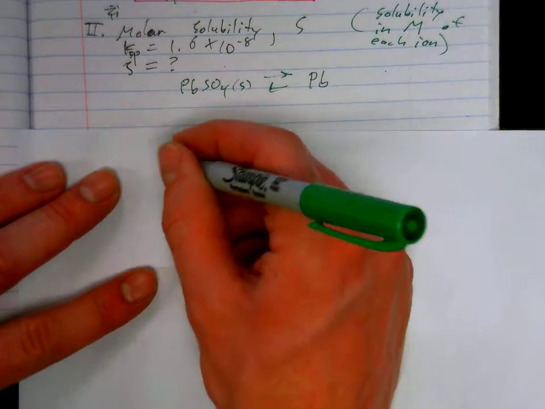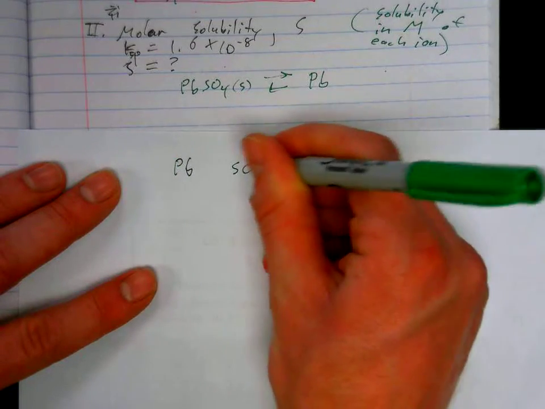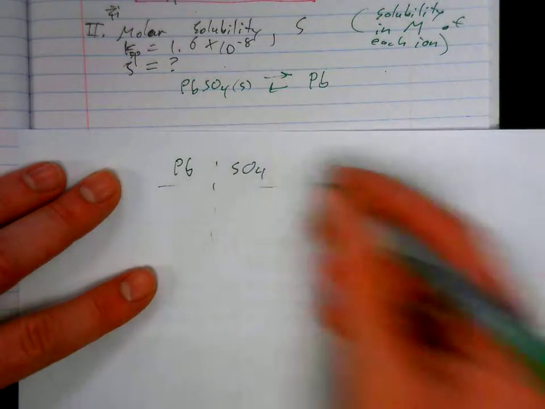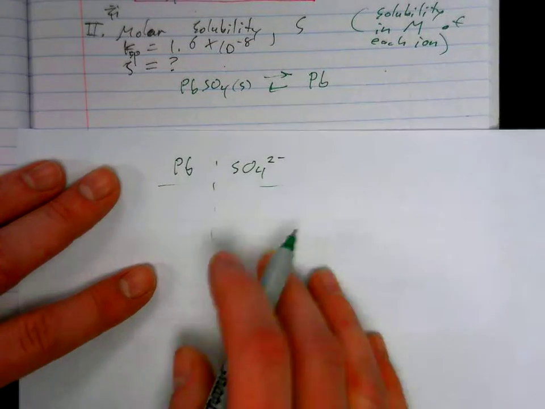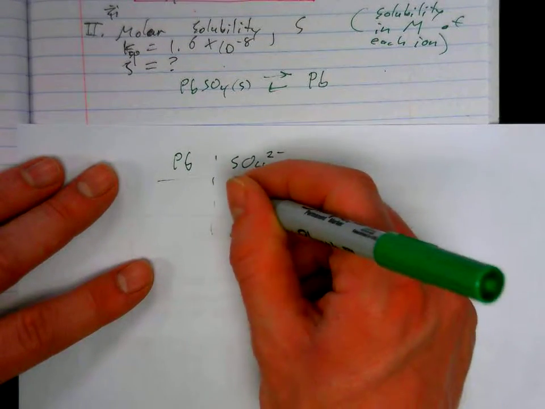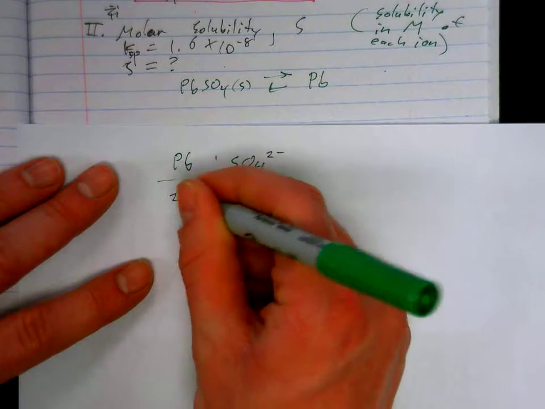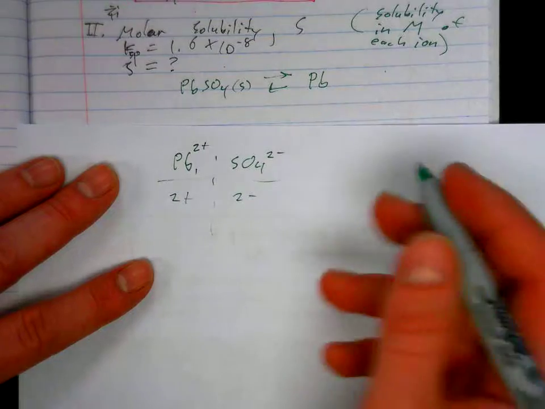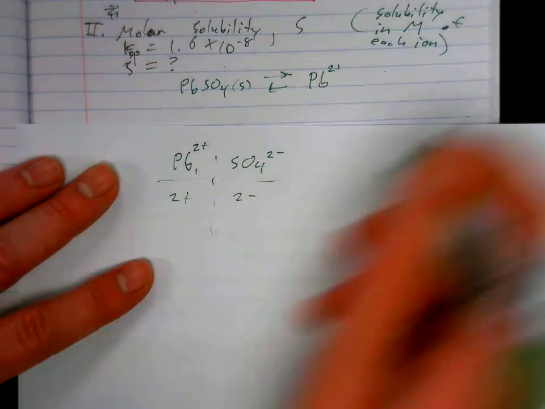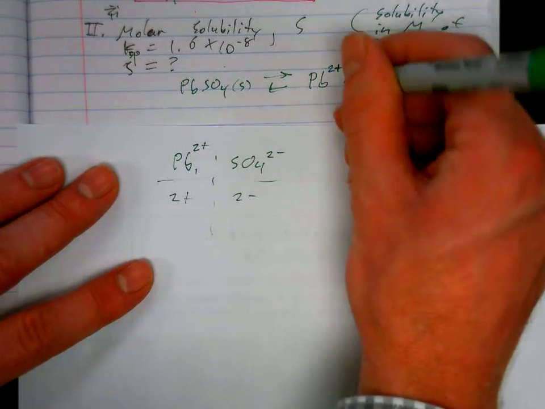We know sulfate is 2 minus, so therefore there's a total of 2 minus charge. There must be 2 plus charge then, divided among 1 lead, which makes each lead have a 2 plus charge. So we know it's lead 2 plus, aqueous, and sulfate.